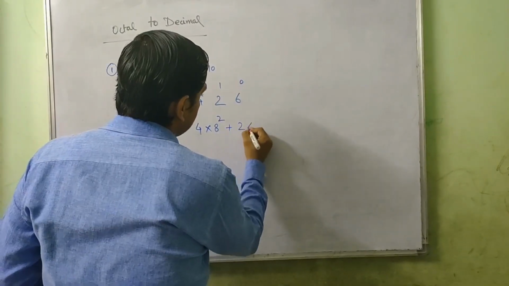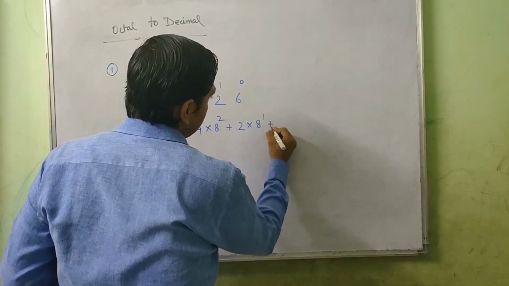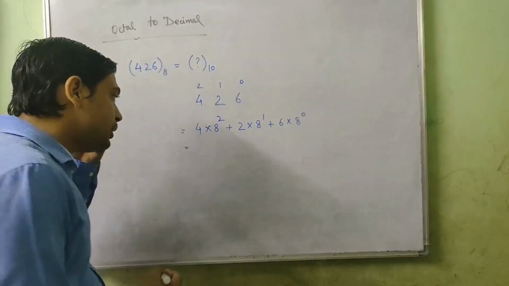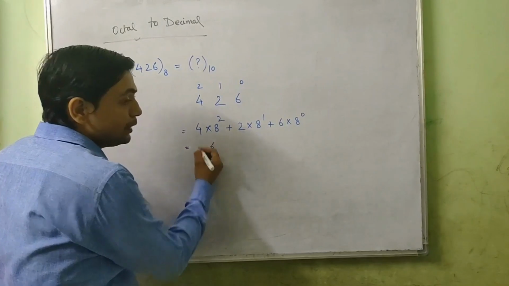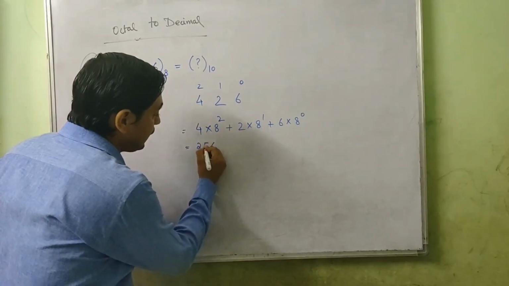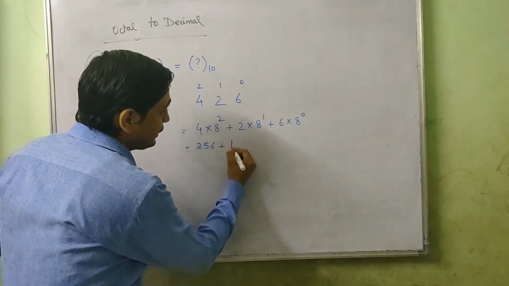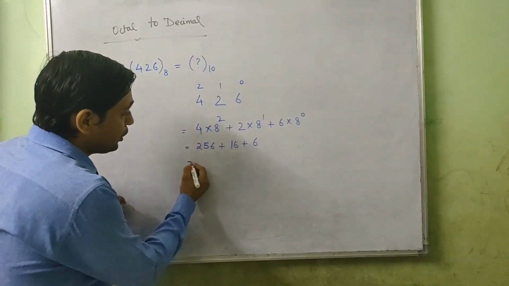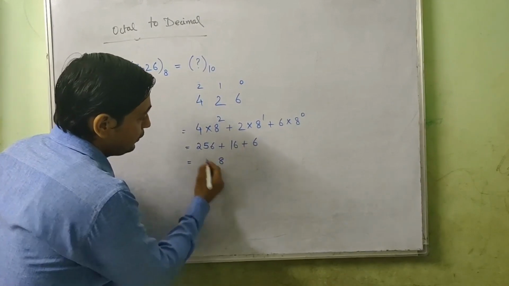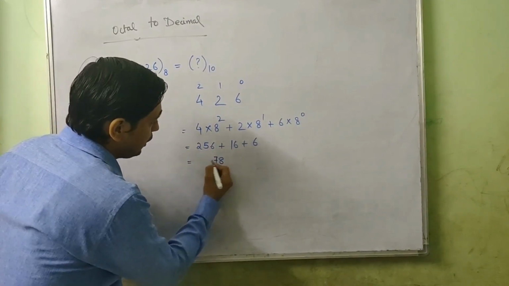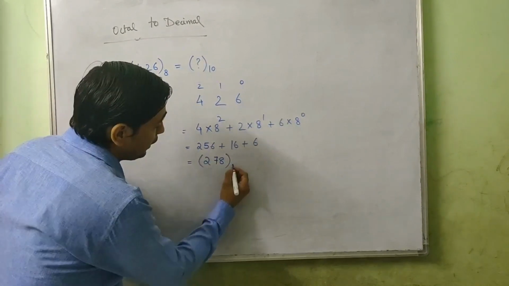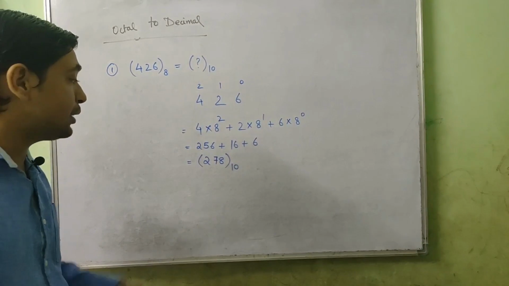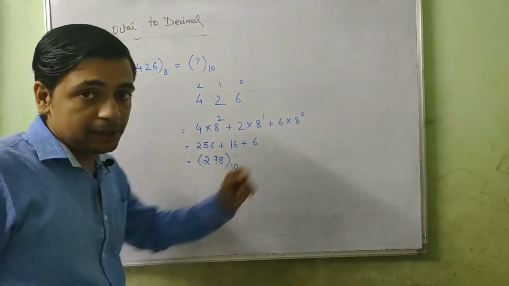So 4 multiplied by 8 to the power 2, plus 2 multiplied by 8 to the power 1, plus 6 multiplied by 8 to the power 0. 8 squared is 64, 64 into 4 is 256, plus 8 times 2 is 16, plus 6, because 8 to the power 0 is 1. So it will become 278. So 426 in octal is actually 278 in decimal.